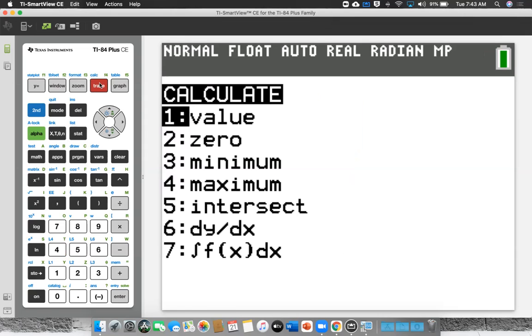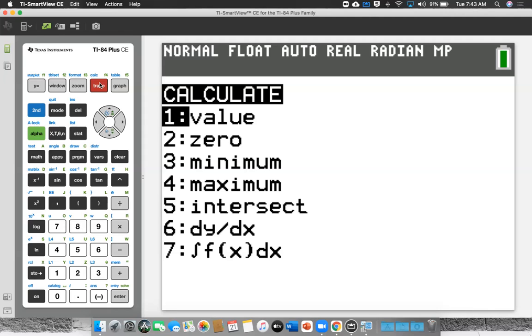It gives me things like value, zero, maximum, minimum, intersect, dy over dx. That should look familiar. That's a derivative. So if I want to find the derivative at one point, you can use that. And the last one we'll use next semester, that's integration.